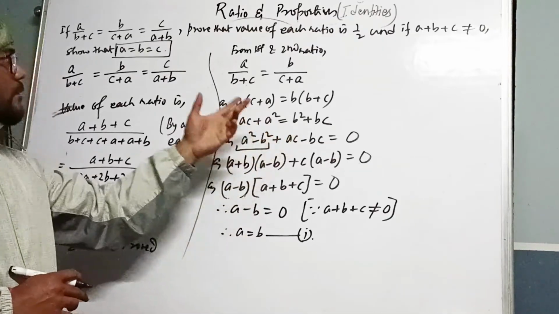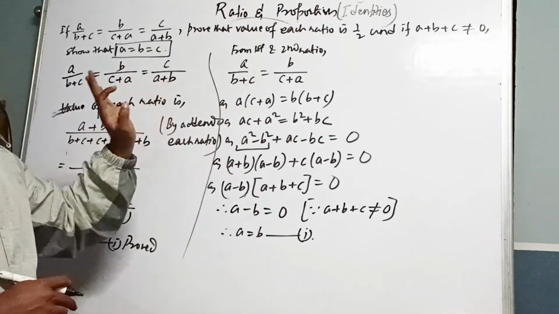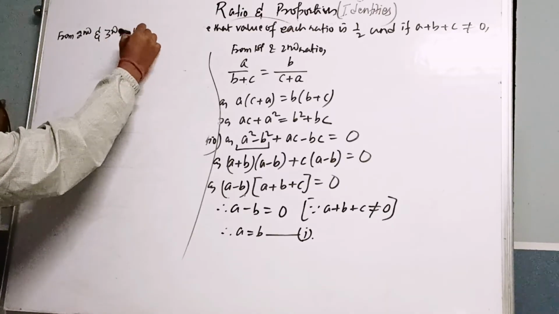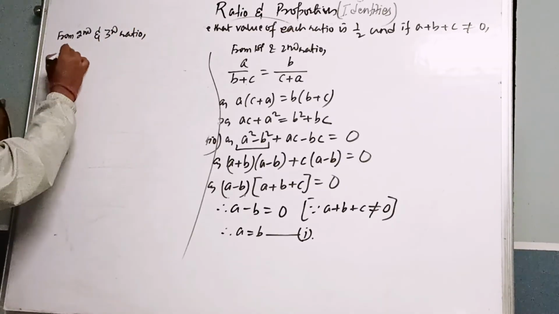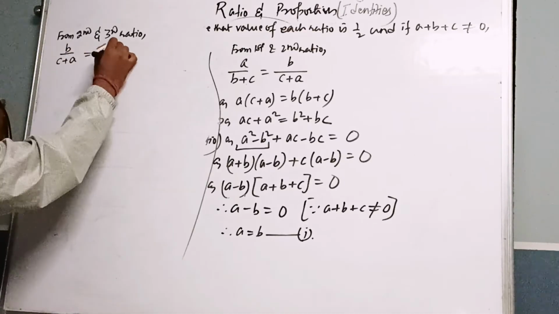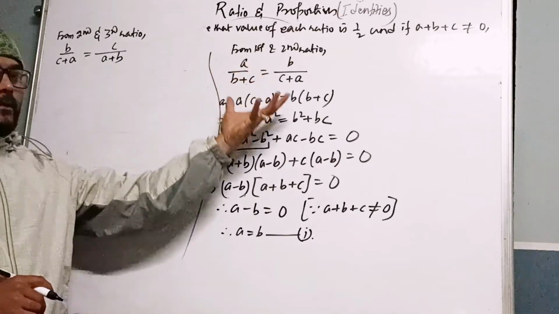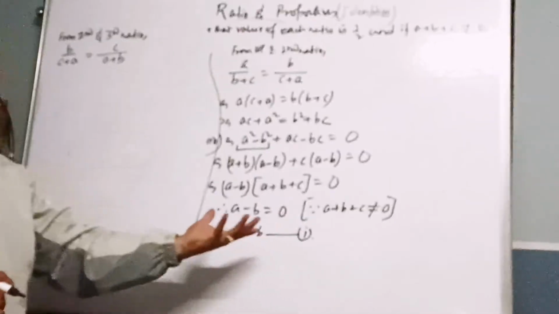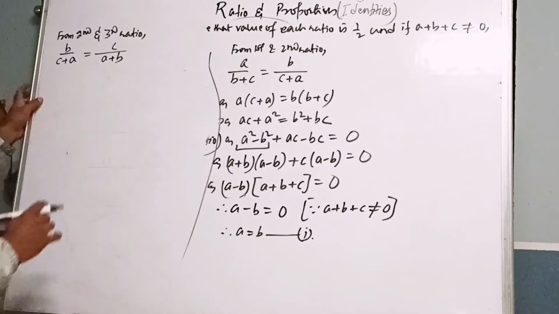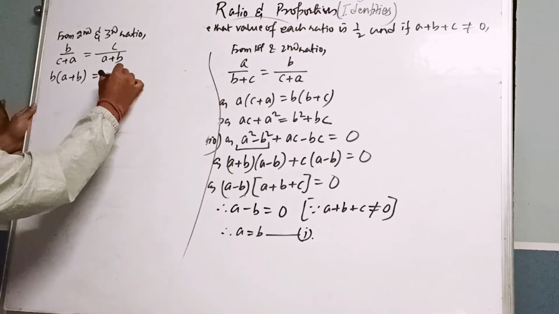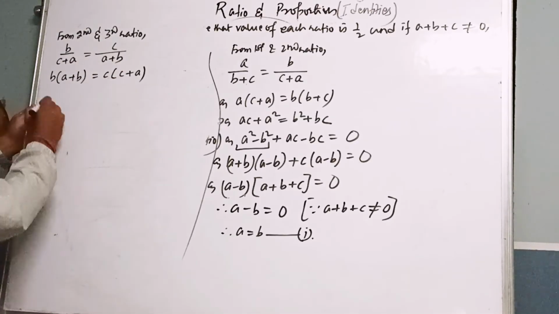Now we have to consider the second and the third relation: b by c plus a equals c by a plus b. Whatever process you followed in the first two ratios, follow the same process here.